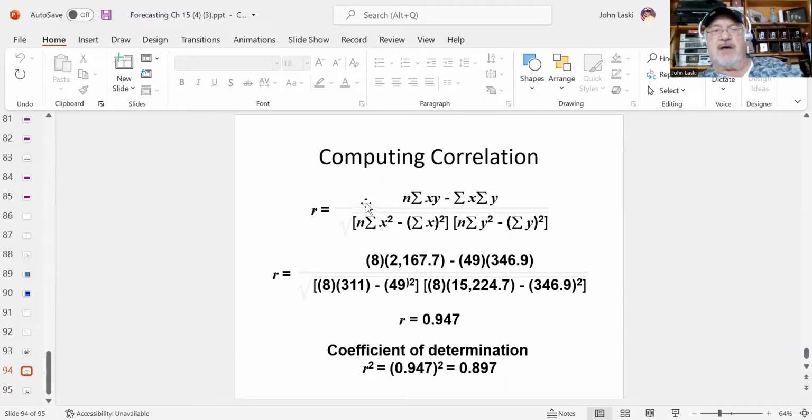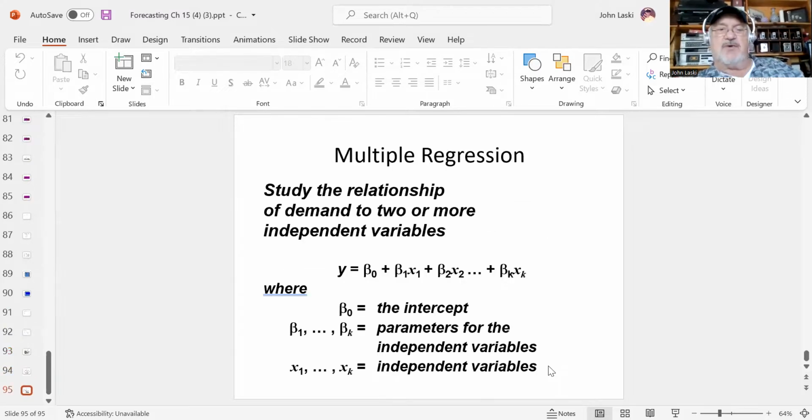We will talk about computing correlation, which is here, and ultimately computing R squared, this coefficient of determination, whether something is highly positively correlated, an inverse correlation, highly negatively correlated, and so forth. So, we'll get a chance to talk about that.